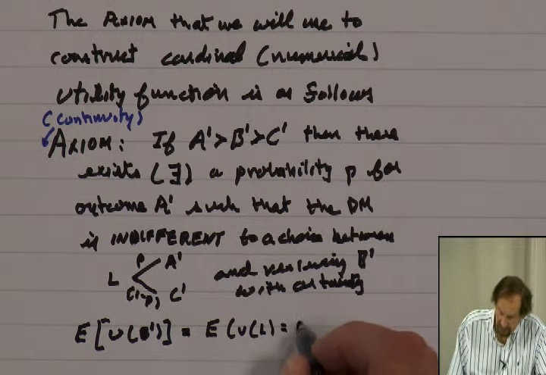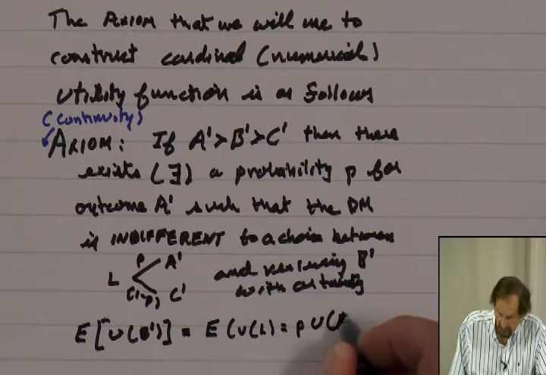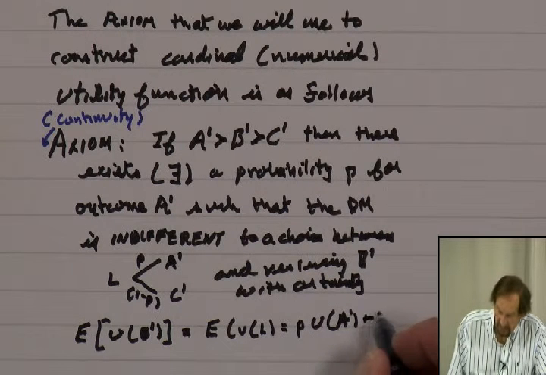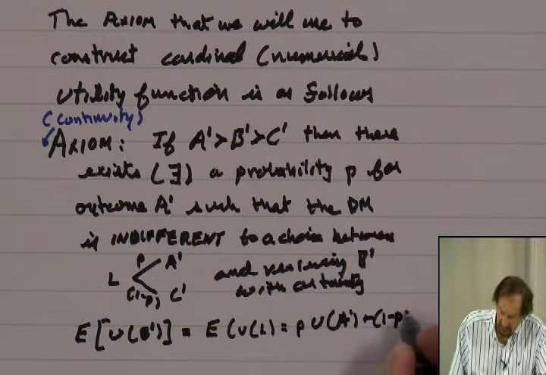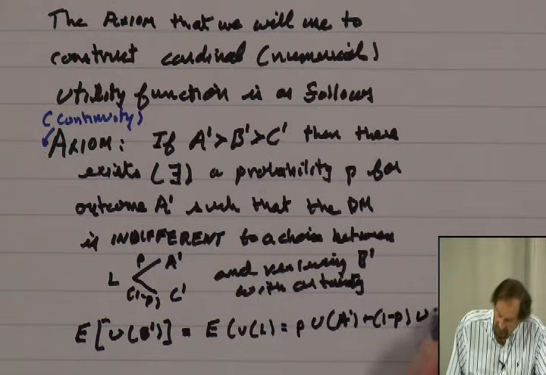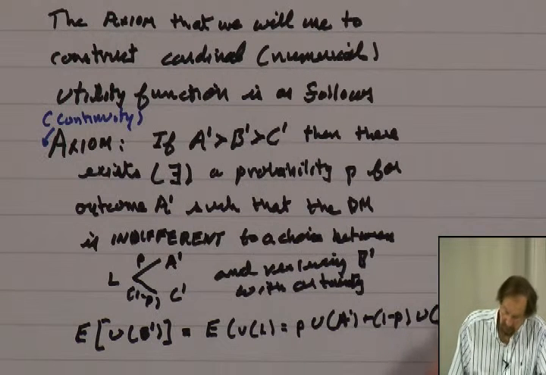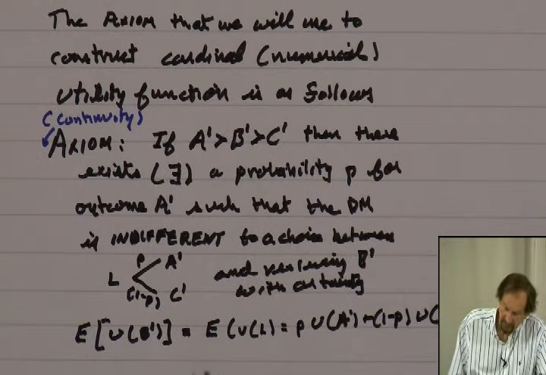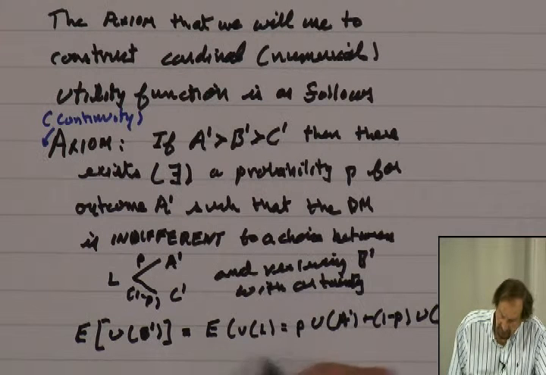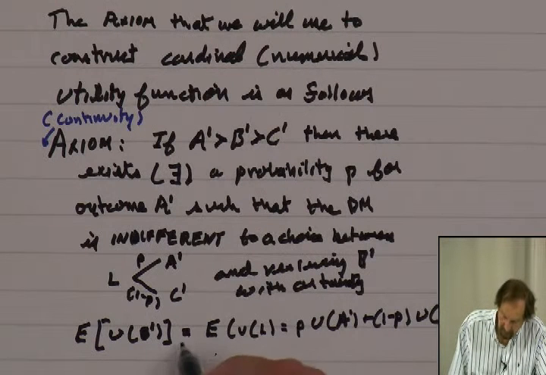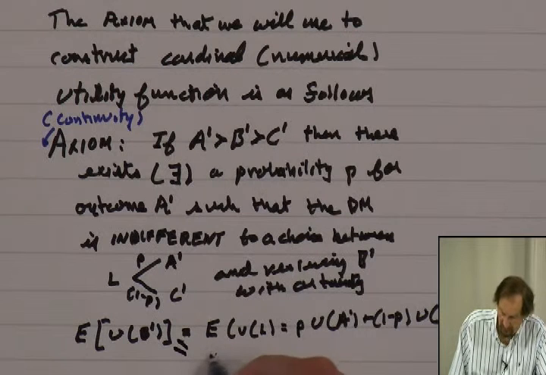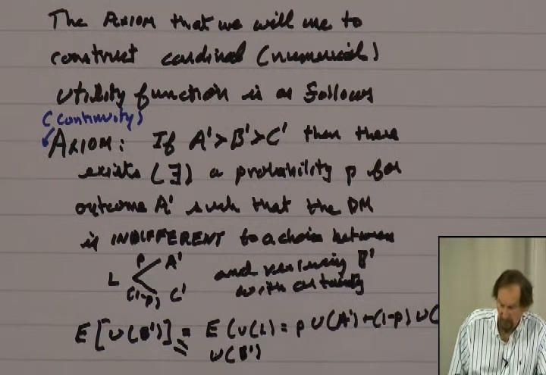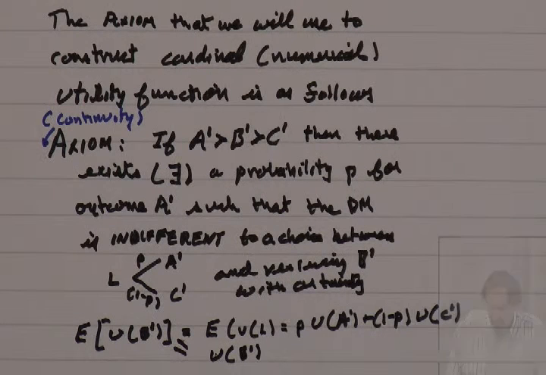It's just P times the utility of A prime plus 1 minus P times the utility of C prime. And the expected utility of B prime is what? It's just the utility of B prime, because remember, B we get with certainty.